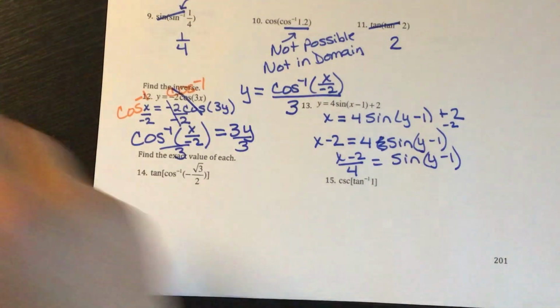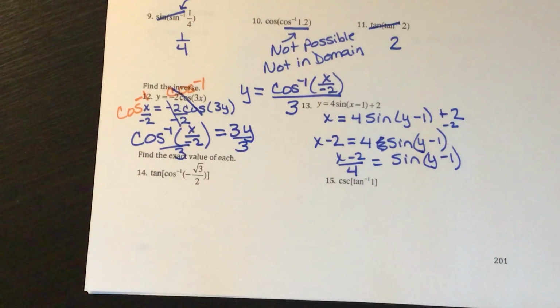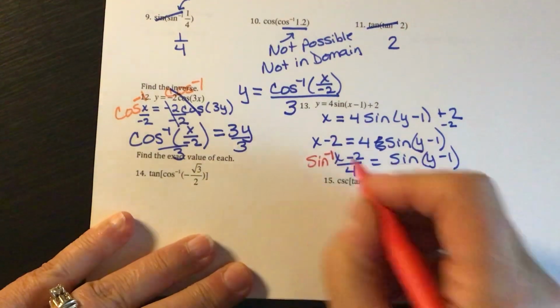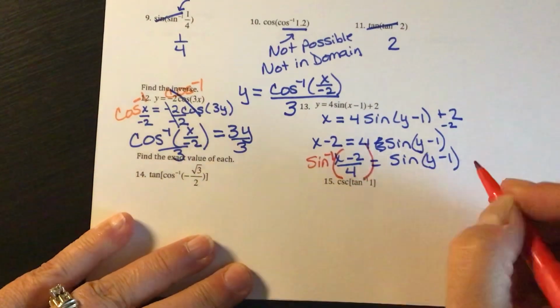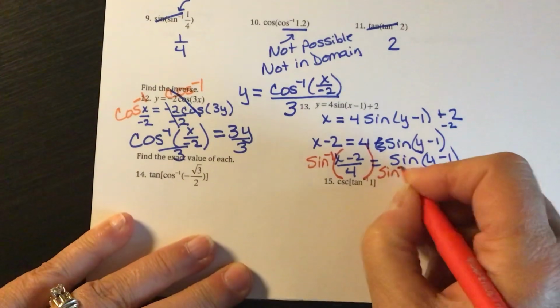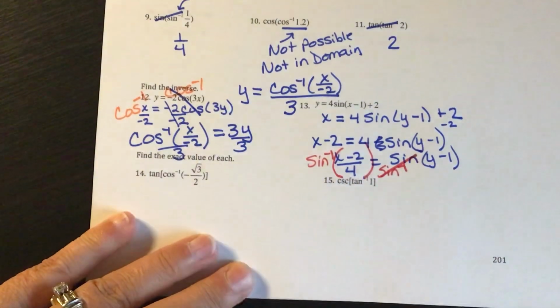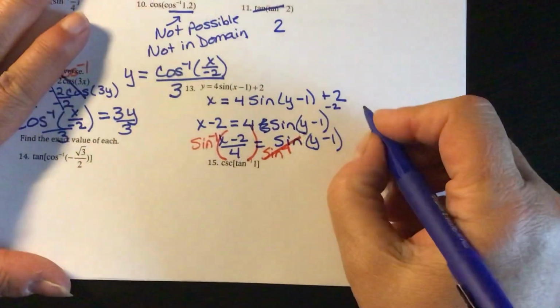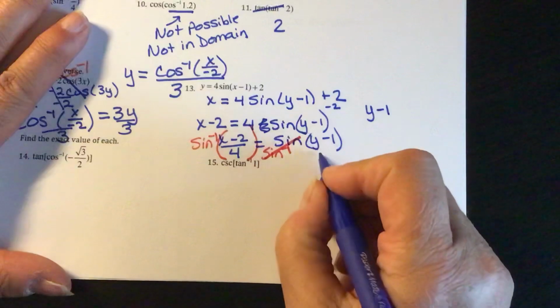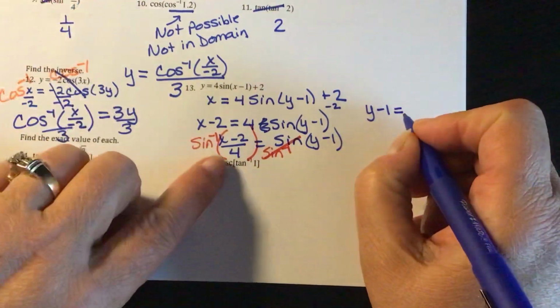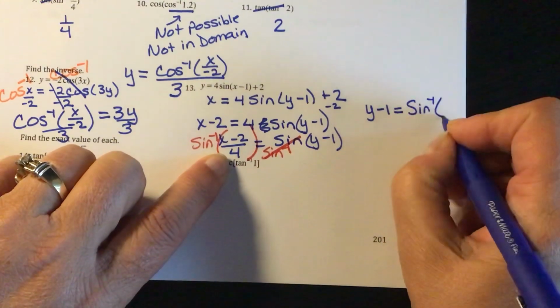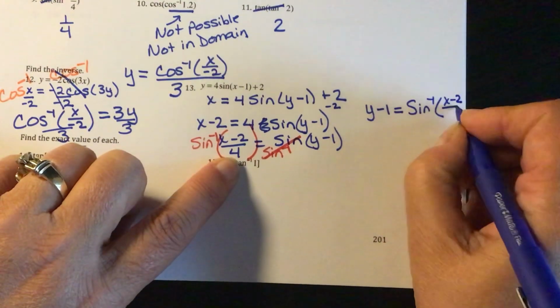Now I'm going to do the inverse sine. I want to undo the sine, so I'll do inverse sine of all of this. Now here, these will cancel, and I'm left with y minus 1 for this side, equals inverse sine of x minus 2 over 4.